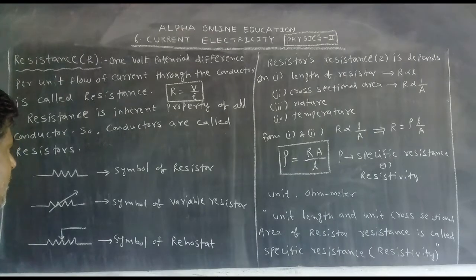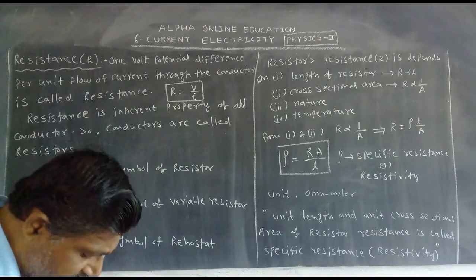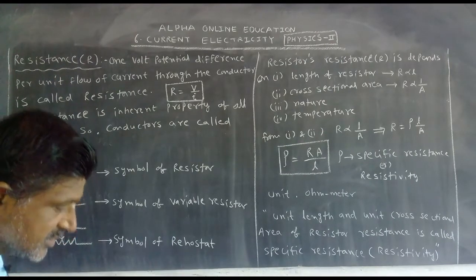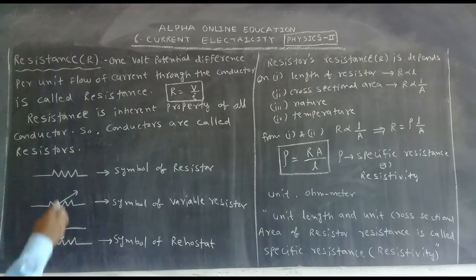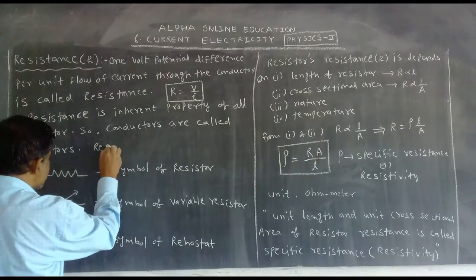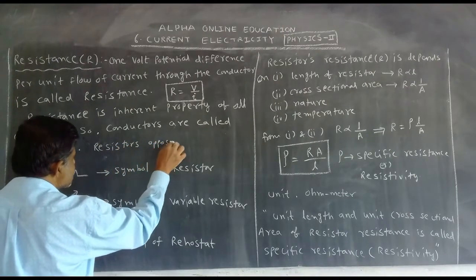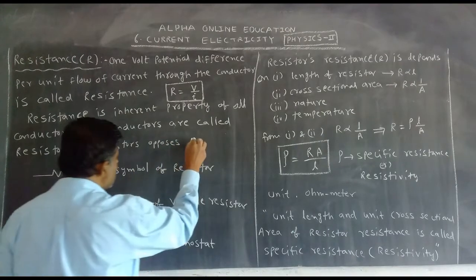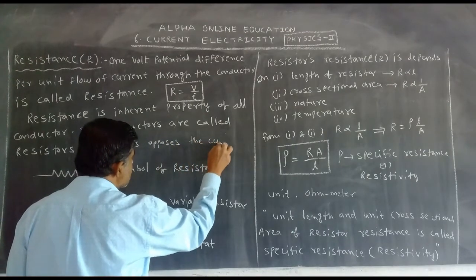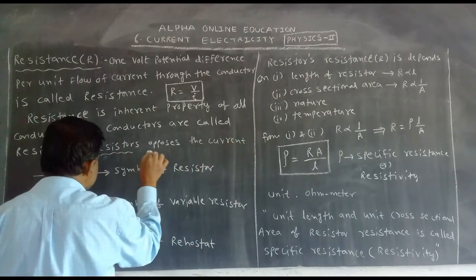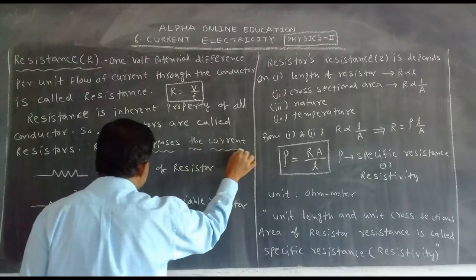So, conductors are called resistors. What is the function of resistors? Resistors oppose the current.